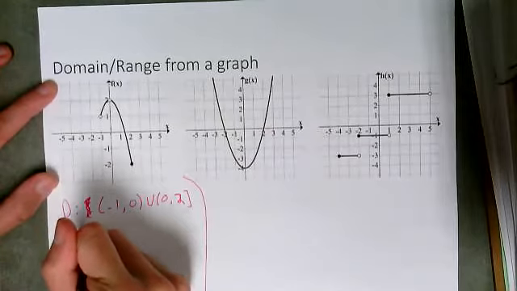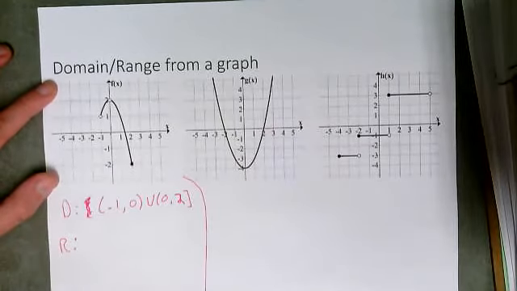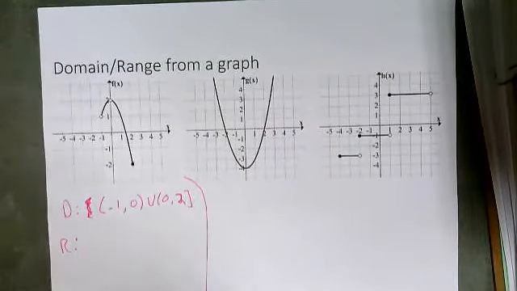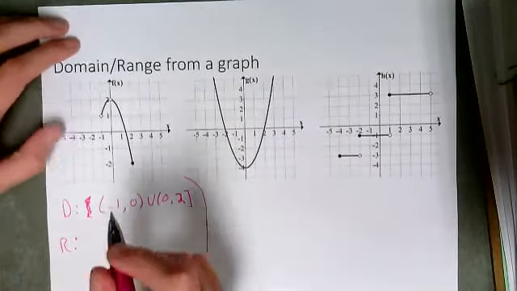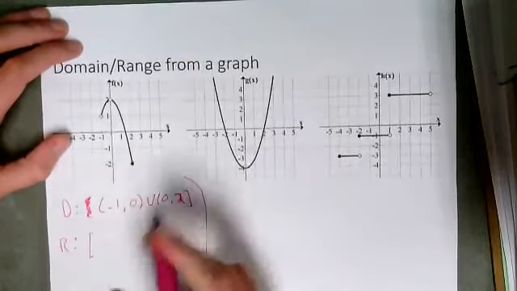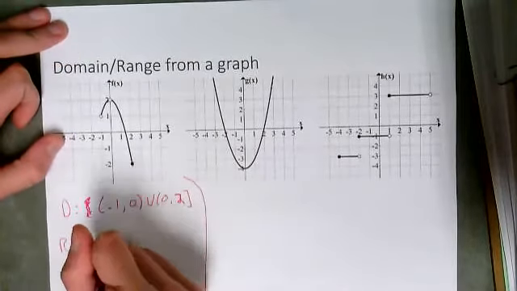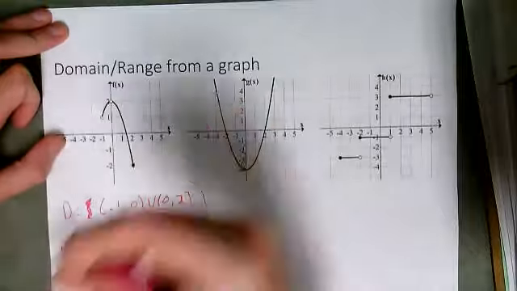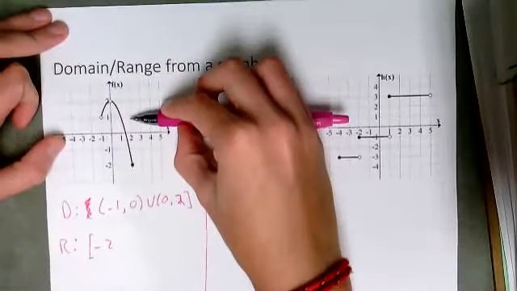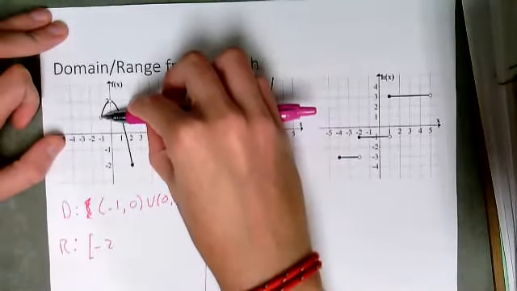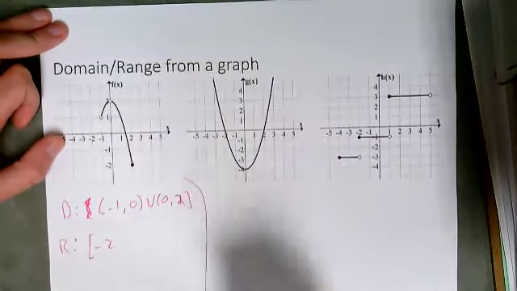And its range, well, what's the lowest point that we have, right? The range is its corresponding y values. It's f of x values. It's output values. So our range, our lowest point is -2. Solid dot, we include it. And then we keep going up and up and up. We hit a problem at 1, right? Because that is an open dot.